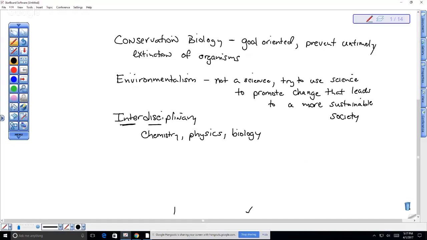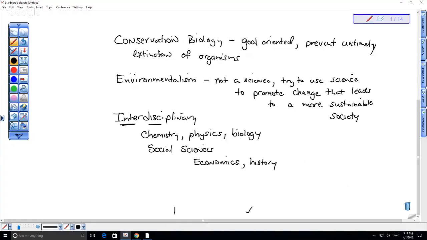But then we can also talk about the social sciences. So the social sciences would look at economics, for example. So what are the economic incentives that we can provide for people to use less natural resources? We could also look at history. So we can look at historically what people have done in the past.